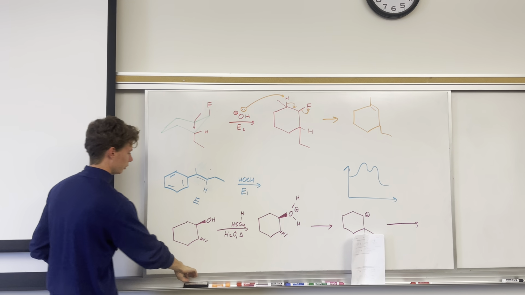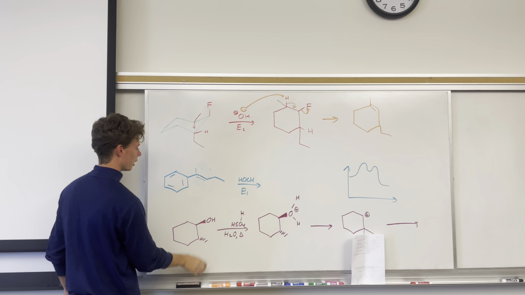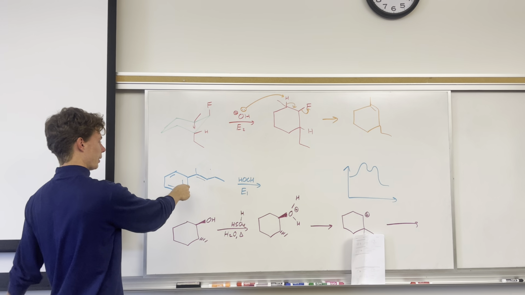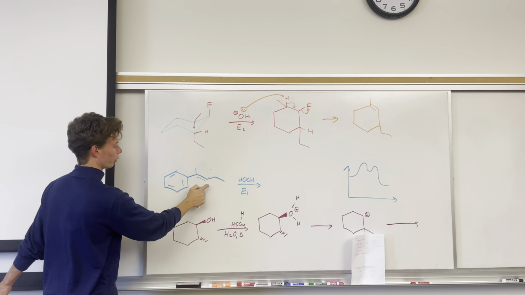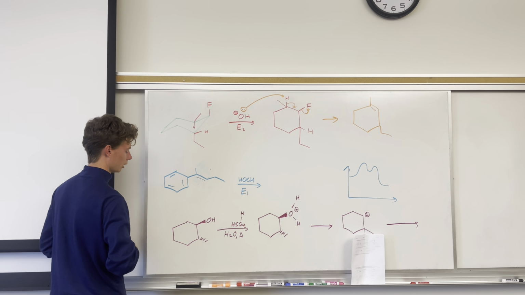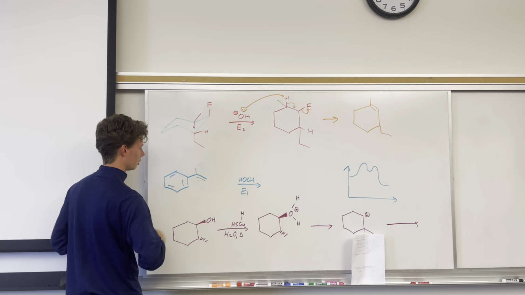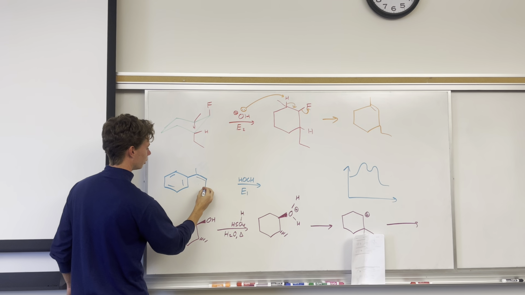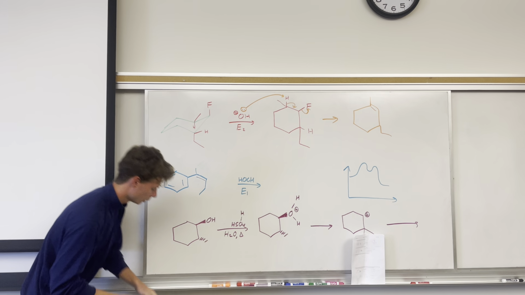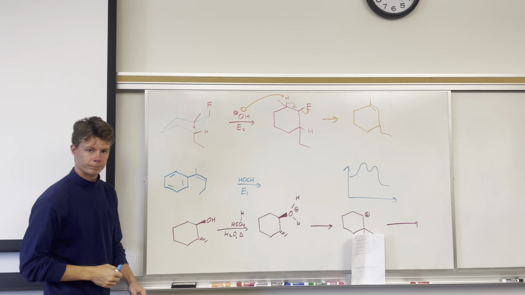And now I would also need to draw this in the Z. So this would be E right here. My large group on the left side of this alkene, my benzene, is going down. On the right side, my large group, my ethyl group, is going up to start. Okay. So then the Z alkene would just be moving that ethyl downward. Okay, like that. So long as this first line here is going down is okay.